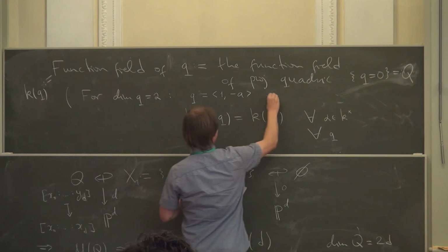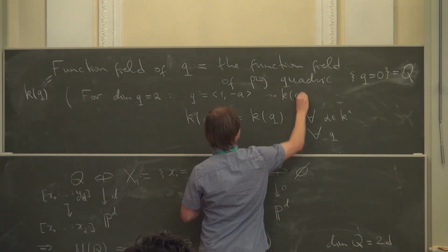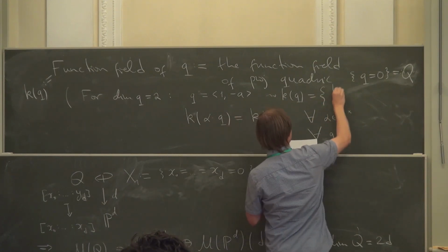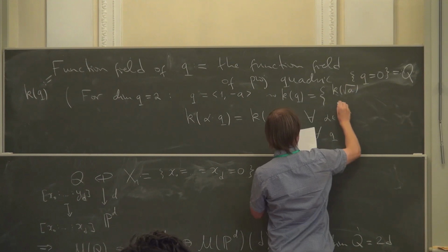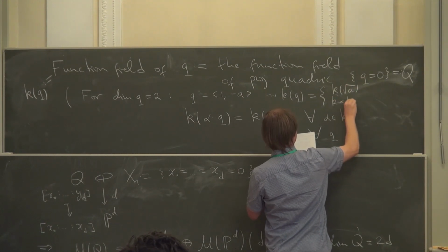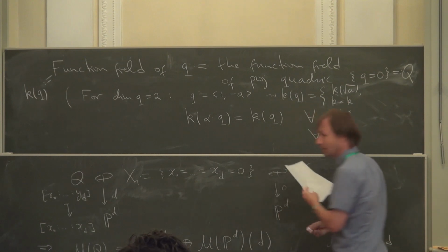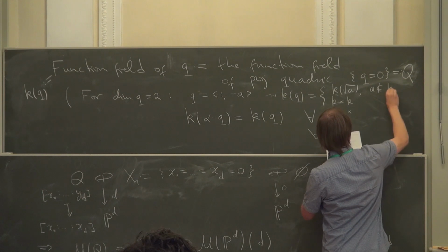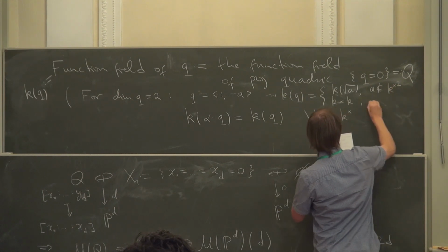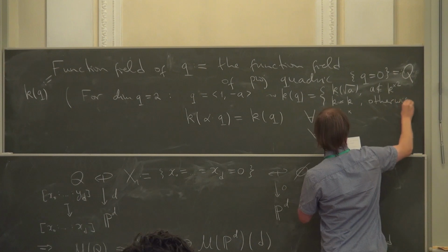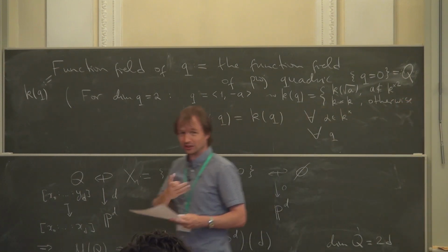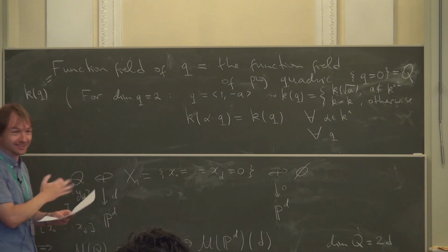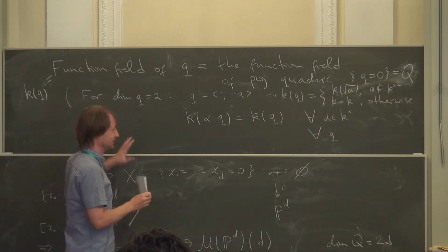So the function field in this two-dimensional case, sometimes it's what we expect, k with the square root of a, but sometimes it's k times k, depending on whether a is a square or not. Here a is not a square, and here it is a square. But it's the only exception, that it's not a field. It's called function field, but it's not a field. But it's the only case in dimension 2.